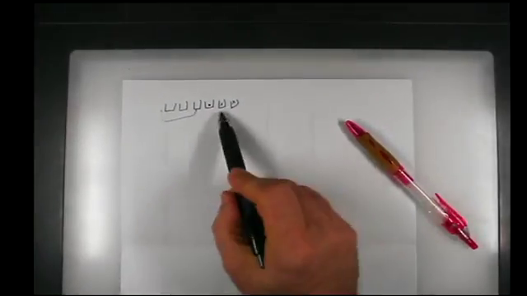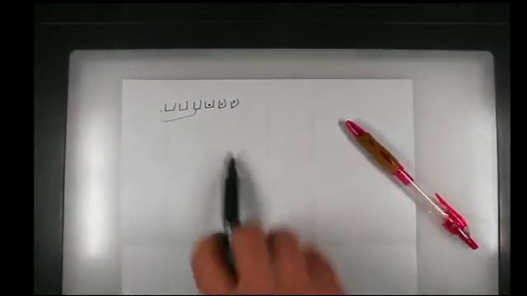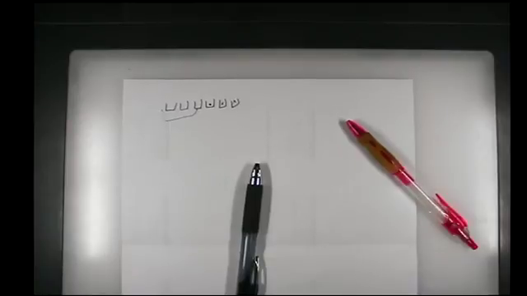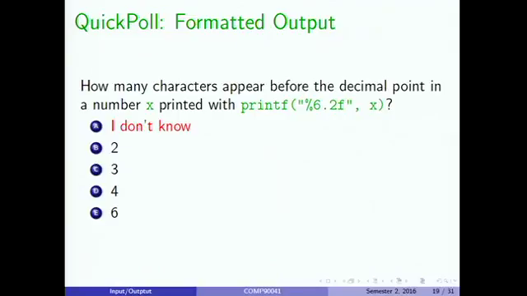2 after the decimal point, because that's what the .2 means. There's 2 spaces after the decimal point, and then, of course, there's 1 for the decimal point itself. So 2 from 6 is 4. 1 more for the decimal point leaves 3.